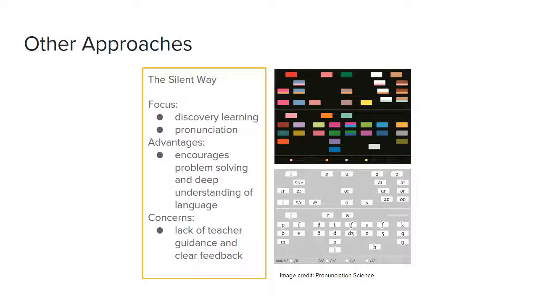They just have to start guessing until they figure it out, and the teacher gives them visual feedback that yes, that's the right sound. So it can take a long time, hence the silent way, because there's a lot of discovery and frustration as learners try to figure this out. But the idea is that it's going to help them have really good pronunciation, and they'll be deep thinkers about how language works.